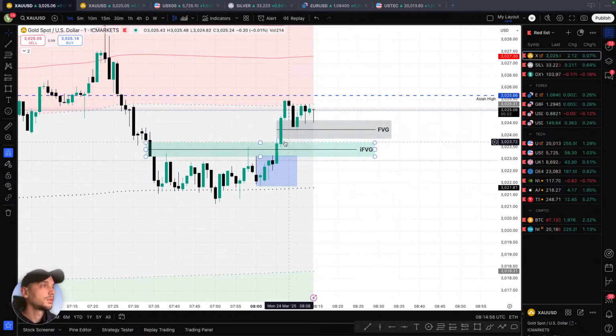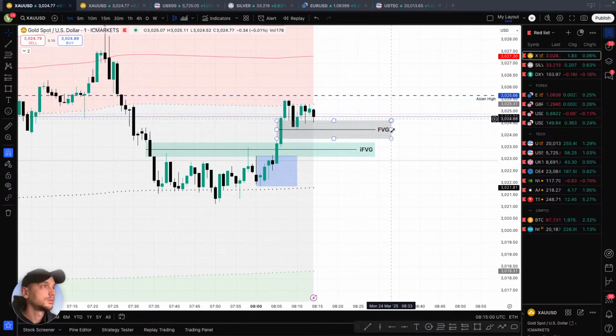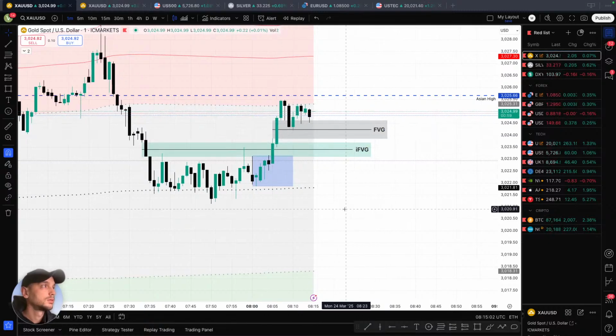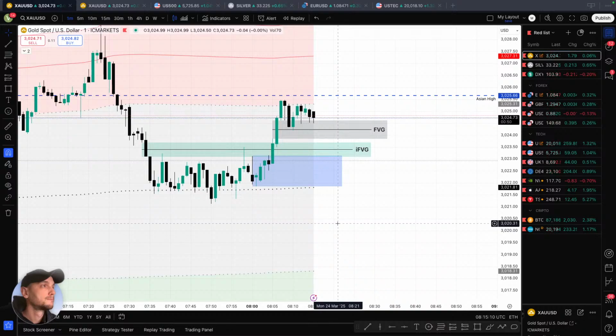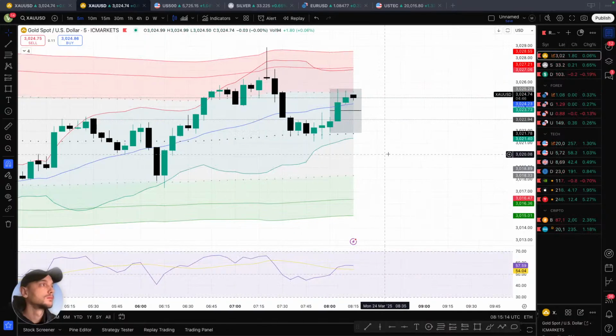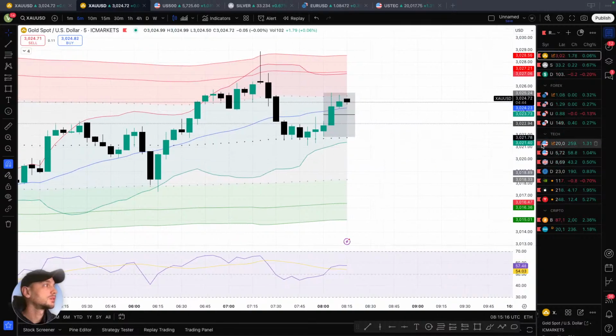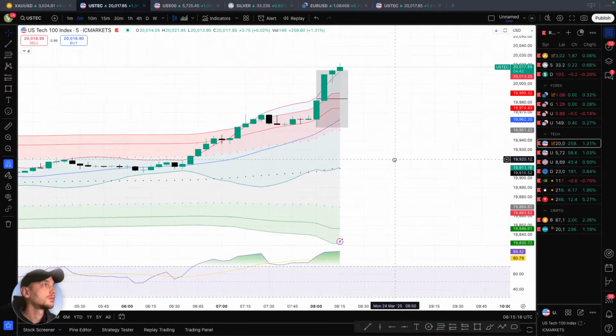This fair value gap is giving good support for now. To the 5 minutes here. 5 minutes on US Tech.